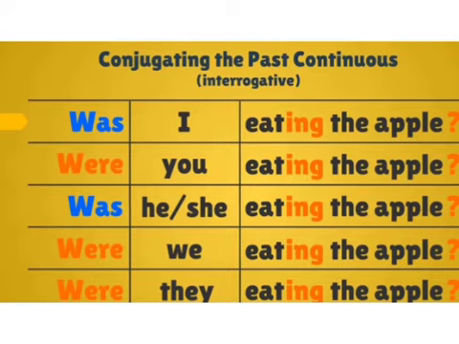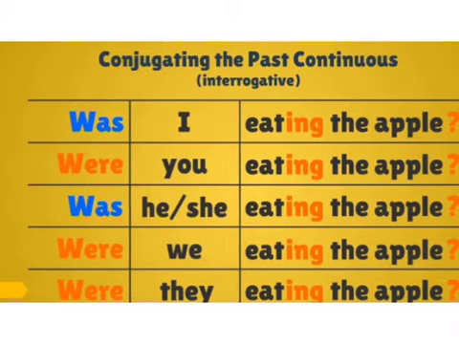Were you eating the apple? The third one is was he eating the apple, or was she eating the apple? And the next one is were we eating the apple? And the last one is were they eating the apple?